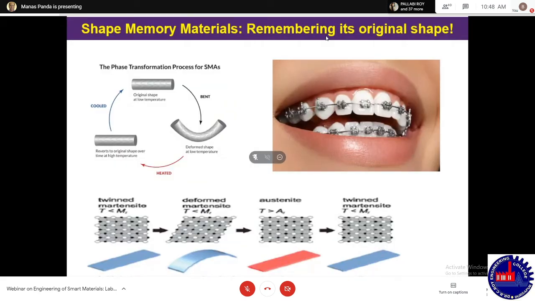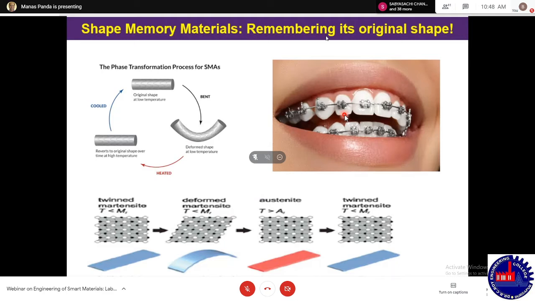This kind of metal braces in your teeth, because your teeth sometimes are displaced, someone's inside, someone's outside. So in order to bring them into order, the doctor suggests this kind of metal braces, and many of you are probably using them.